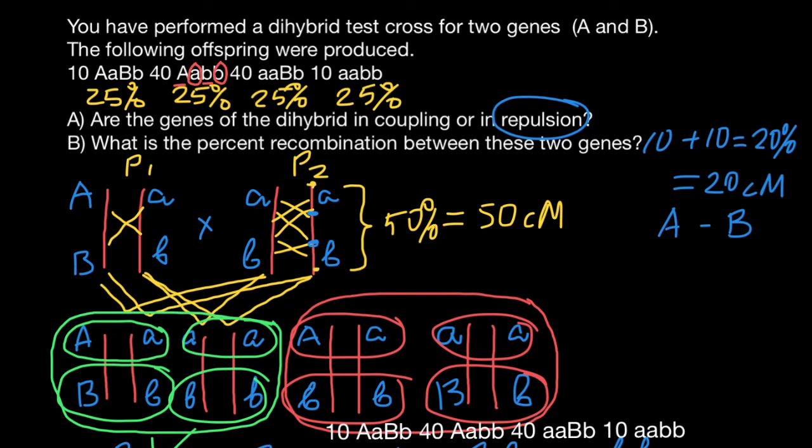And another one would be small a and capital B. Again, another chromosome comes from the test cross from the second parent who is homozygous recessive for the gene A and B. So now we know that this genotype represents parent 1, and we know that it is in repulsion.